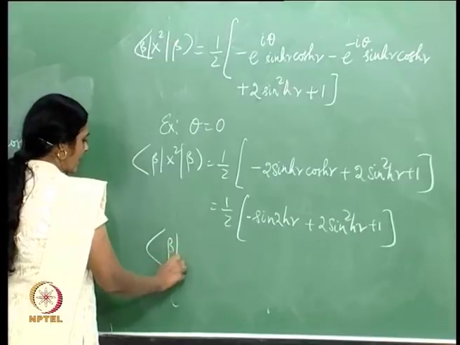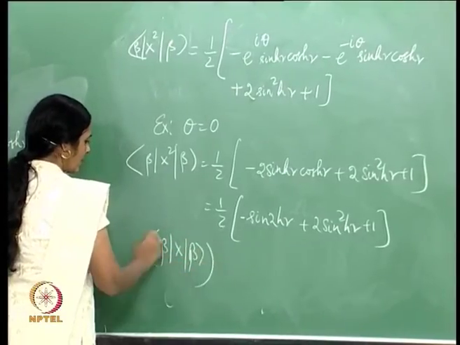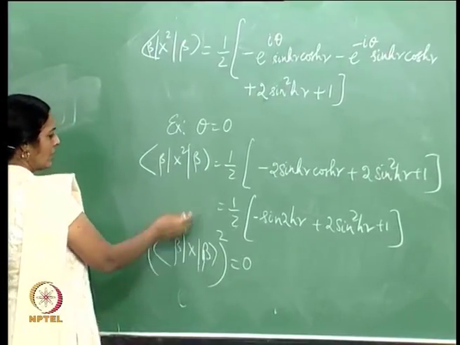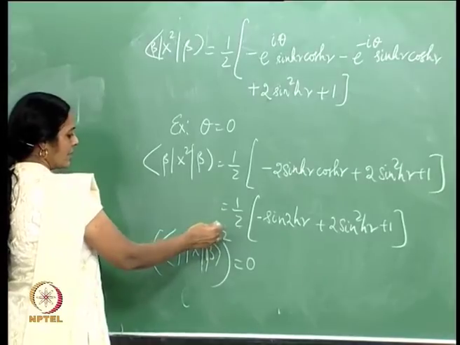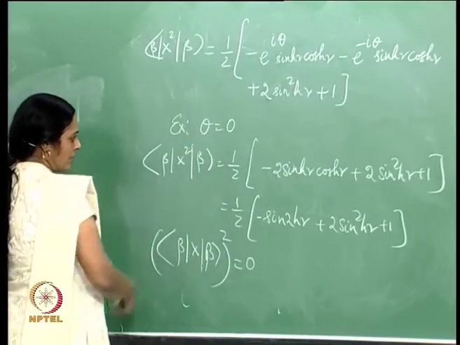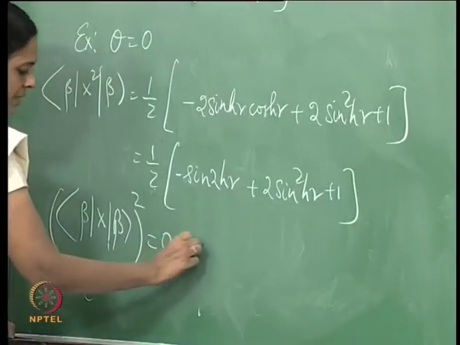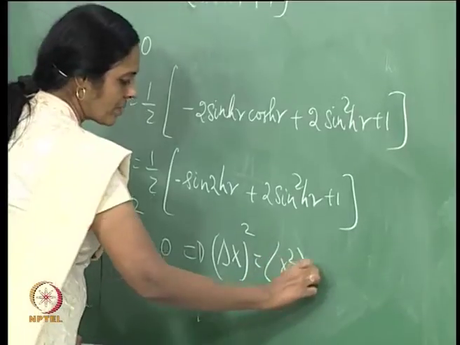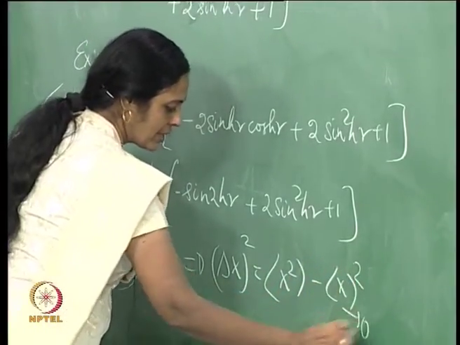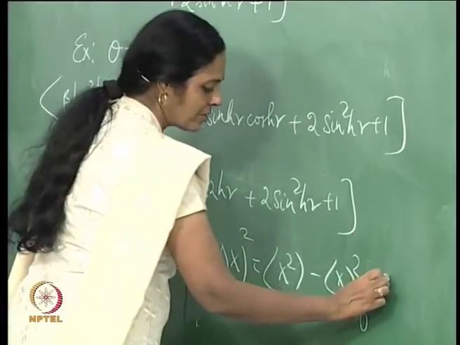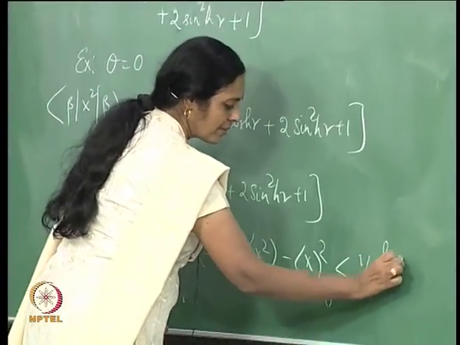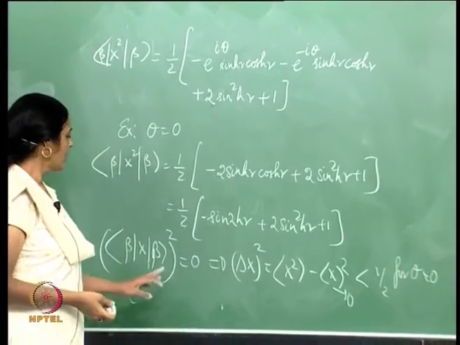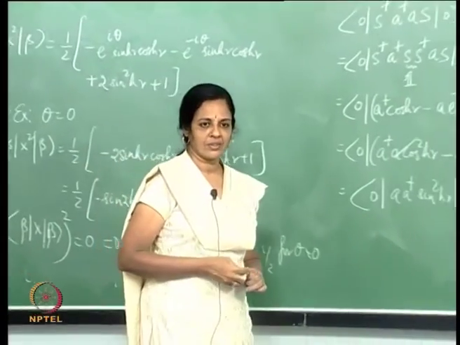Since expectation x the whole squared was 0 because expectation x was 0, and expectation x squared is less than half for this example when theta is equal to 0, this implies delta x the whole squared, which is expectation x squared minus expectation x the whole squared, is less than half for theta equal to 0. So, for this value of theta at least, we have seen that there is squeezing in the x quadrature.